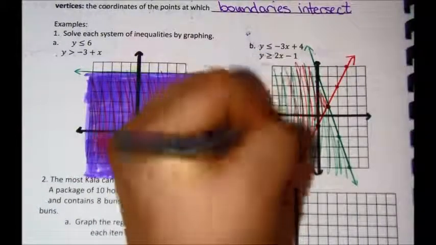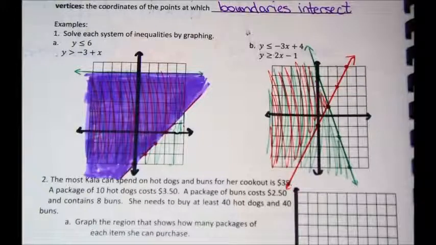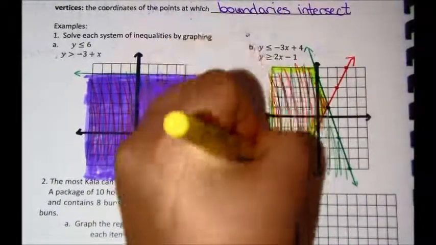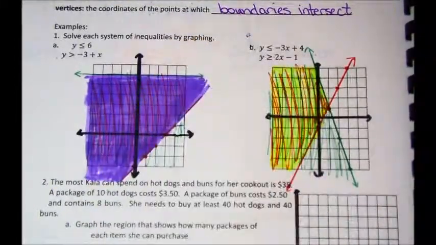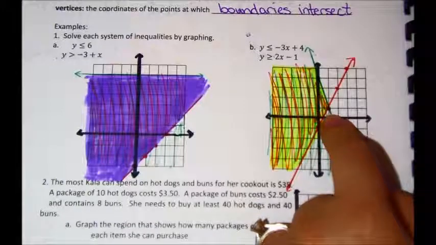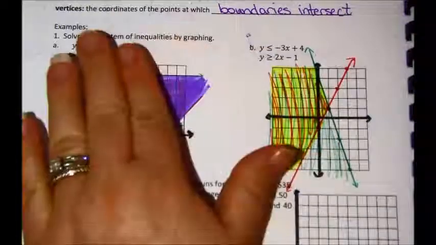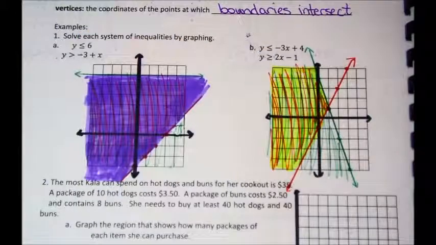Remember to only shade where there's already shading. Your solution is where we have all the shading overlapping, so that's the part that we highlight. We have a vertex here on our graph at (1, 1). There aren't any other vertices, and the solution would continue forever in the left-hand direction.